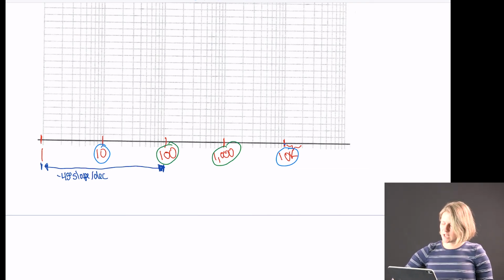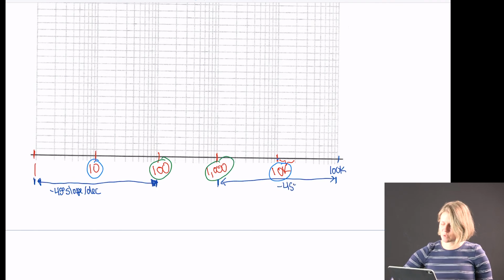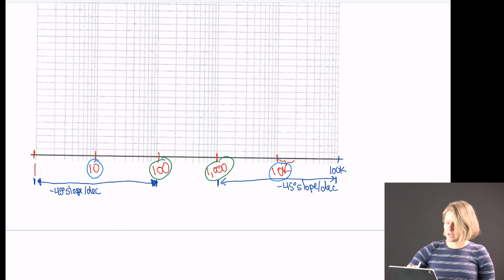So at 10K, 10K divided by 10 is going to give me 1,000. 10K multiplied by 10 gives me 100,000. So this range, I also have a minus 45 degree slope per decade. And then I do the same for each zero.